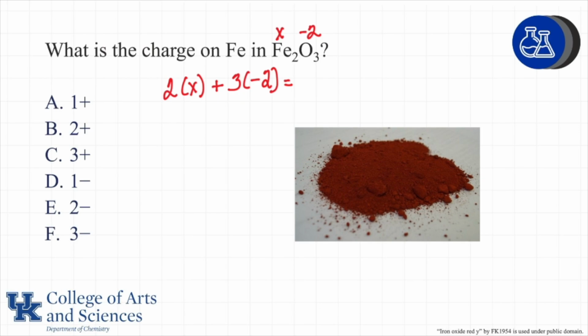And we know those have to sum to 0 because it's a neutral compound. We get 2X minus 6 equals 0. 2X equals 6. So X equals 3+. Therefore, C is the correct answer. And we know the charge on iron in this compound is 3+.